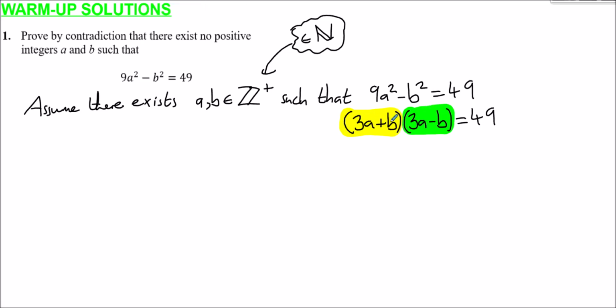Because a and b are both greater than 0, we can say that 3a plus b is greater than 0. I'm multiplying by a number greater than 0 and getting a positive answer. So therefore, if this is greater than 0, 3a minus b must also be greater than 0.